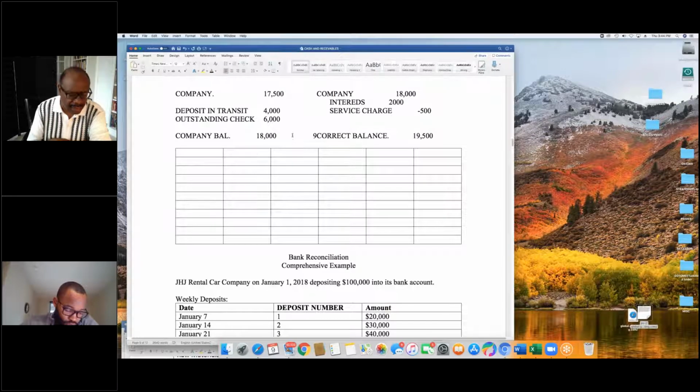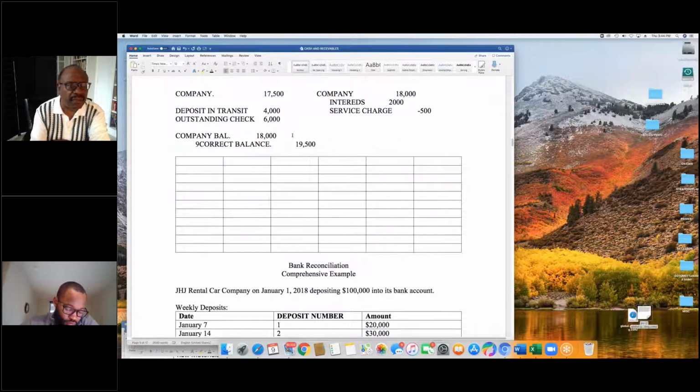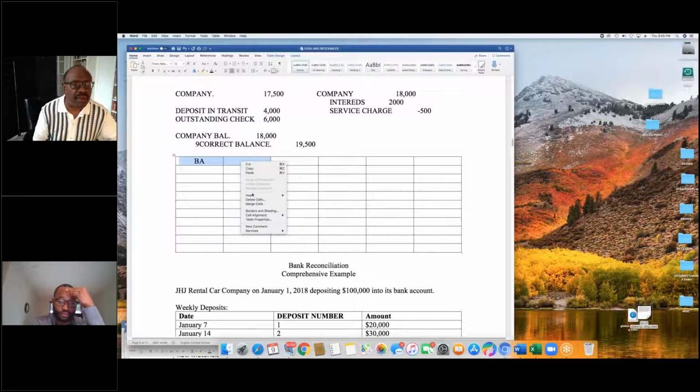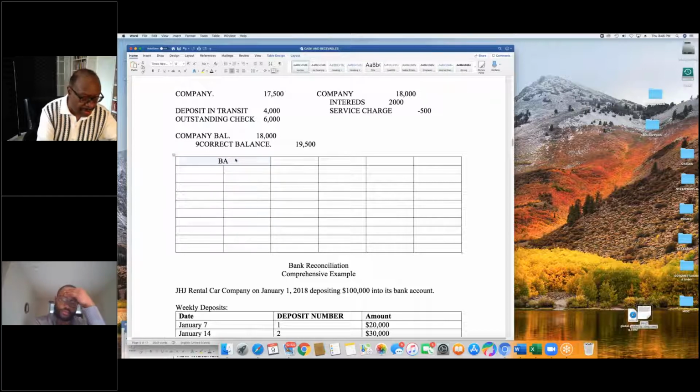Okay, so let's see if we can work it here. So a table will work with us. We have the bank statement. So here is the bank.